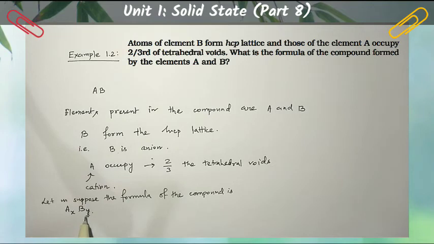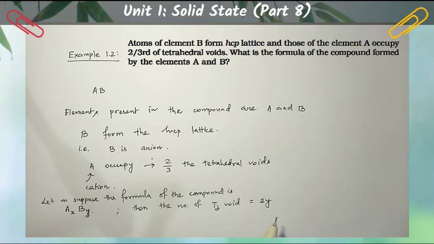Then the number of tetrahedral voids is equal to 2y, because if it is n, then it is 2n. We already discussed this in the previous example.